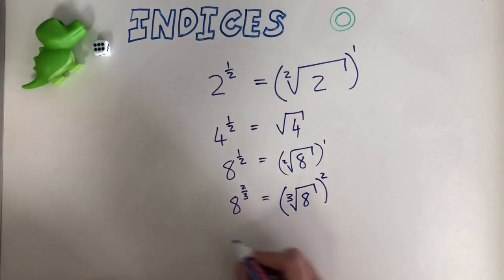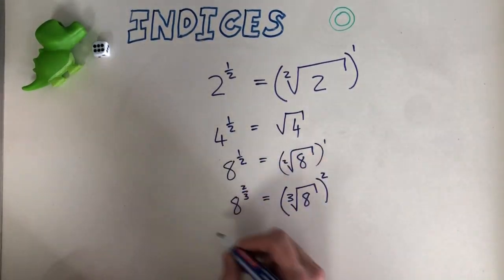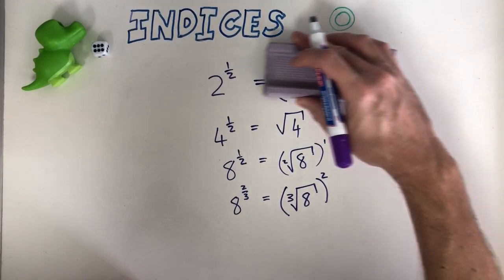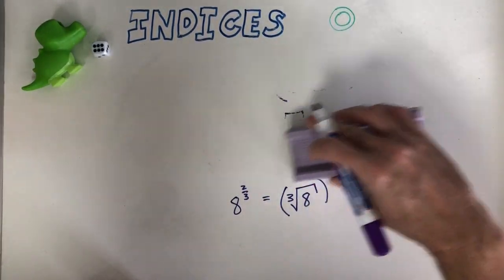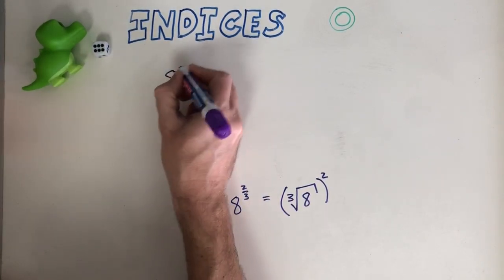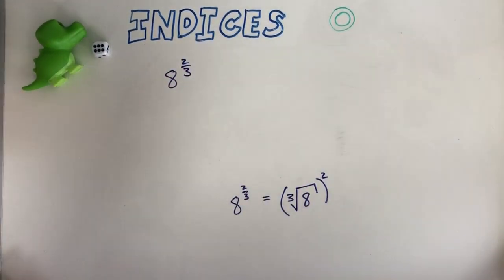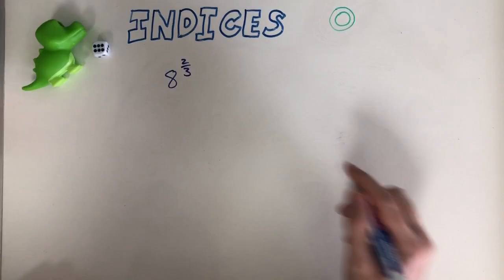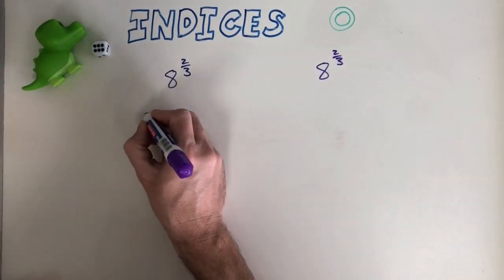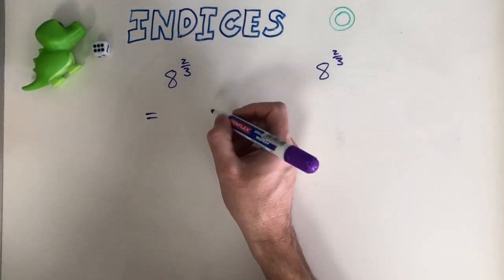Okay, there is a simpler way to look at this. Let's use this example to show you there are 2 ways of solving this, well, not an equation, just the indices. So I'm just going to write it here, 8 to the power of 2/3. The long method would be exactly like I showed you now.